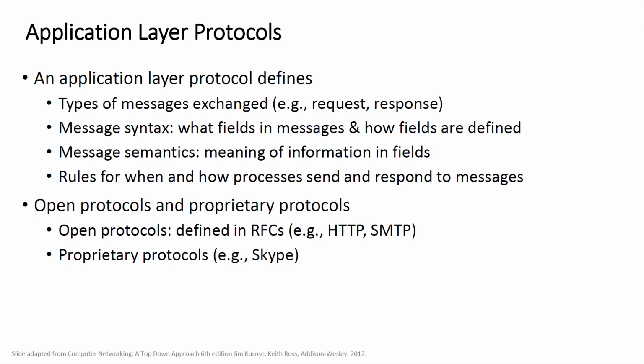These are the parts an application layer protocol defines. There are also open protocols and proprietary protocols. Open protocols are defined in RFCs, and some companies use their own algorithms or protocols.